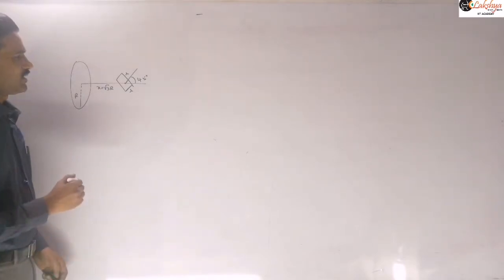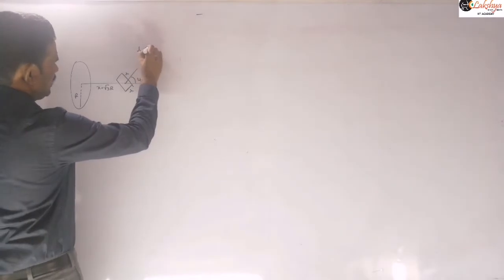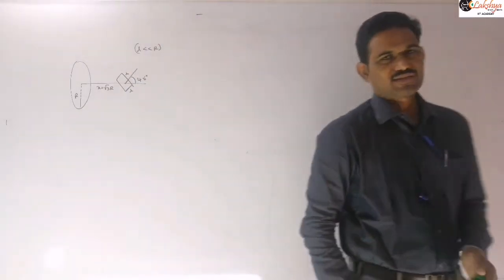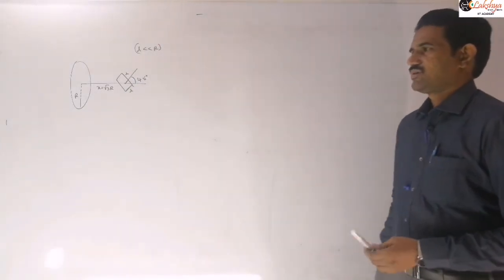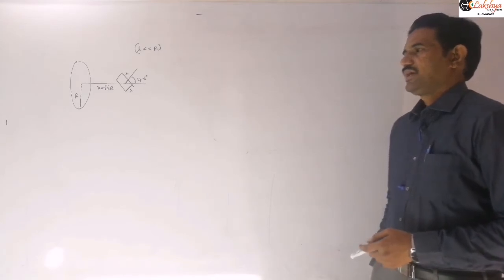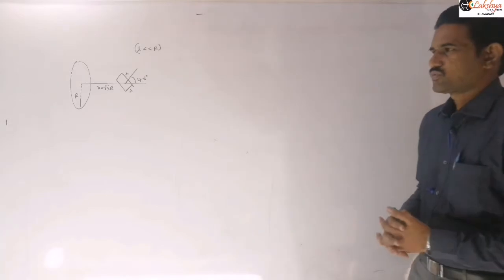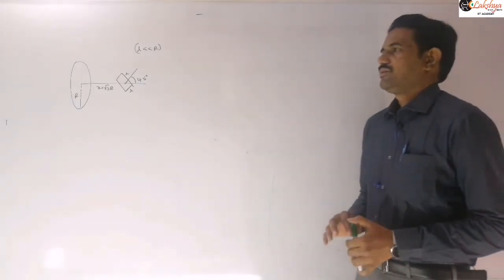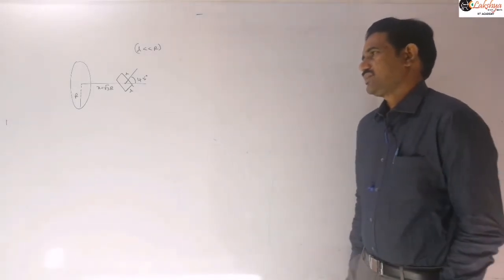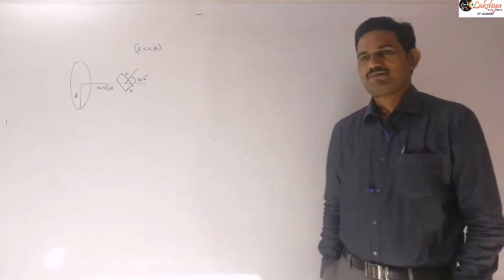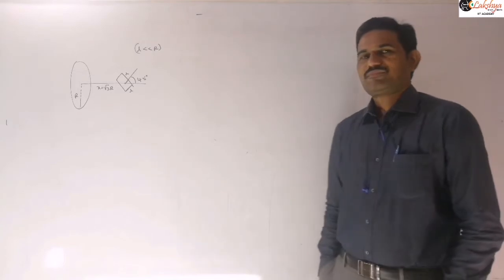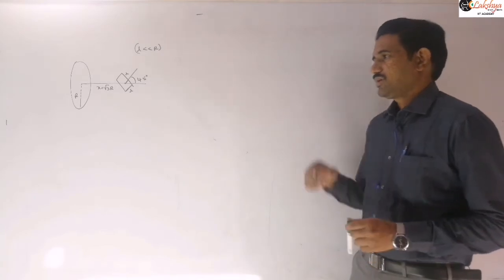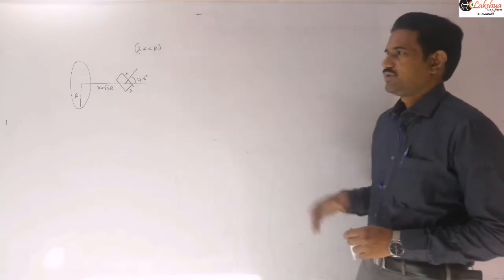So to state it: a small square loop of side L is placed on the axis of a circular ring of radius r, at a distance root 3 r from its center, such that the angle between the axis of the circular ring and the normal to the square loop is 45 degrees.